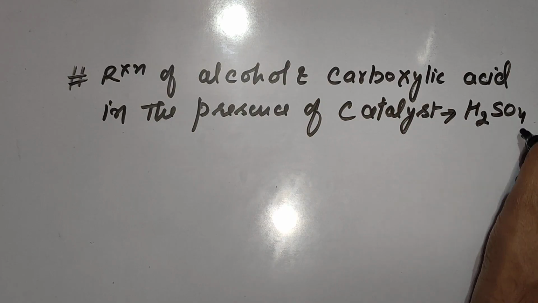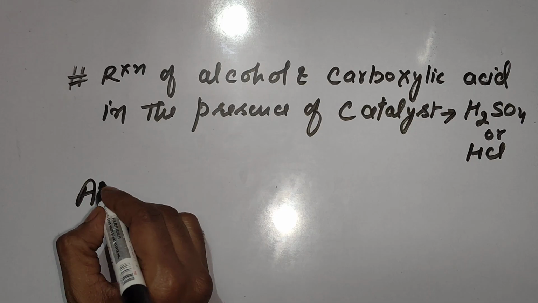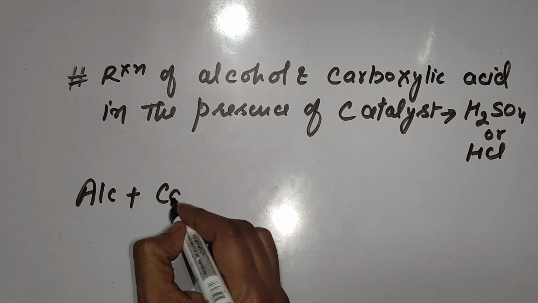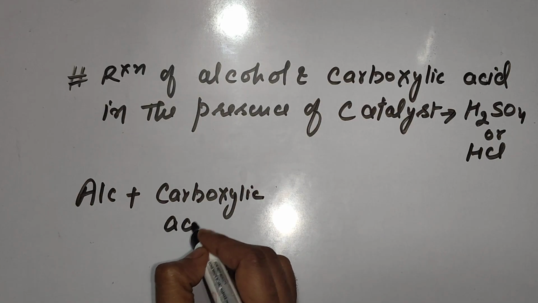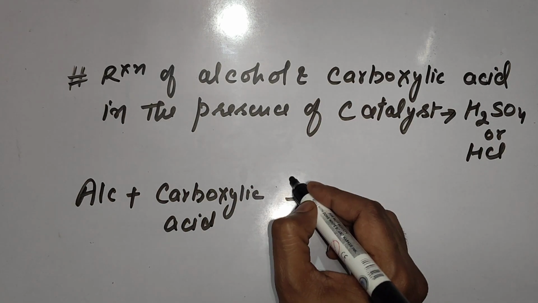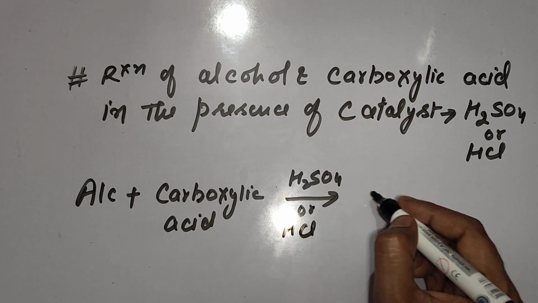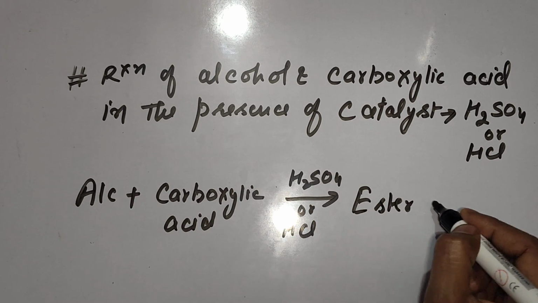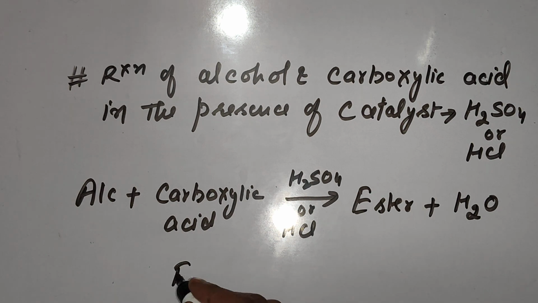Sulfuric acid or HCl you can use. When alcohol reacts with carboxylic acid in the presence of H2SO4 or HCl, they create ester with the elimination of water. This reaction is known as esterification.